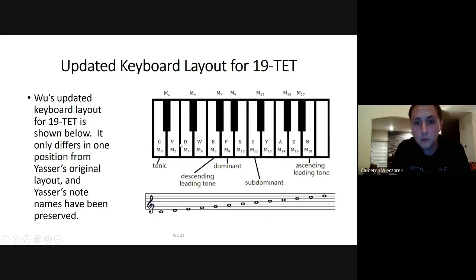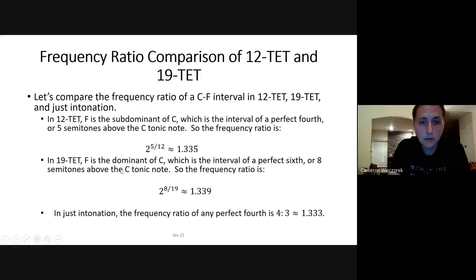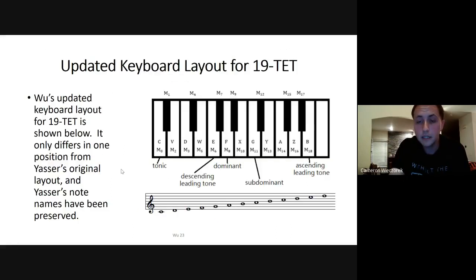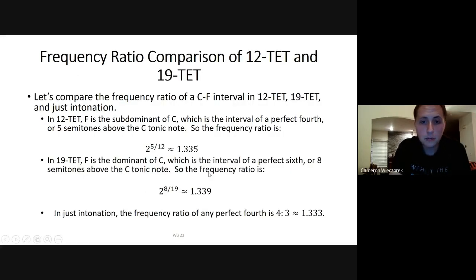There's 6 white keys between C and F. So 1, 2, 3, 4, 5, 6. 8 semitones above the tonic note in the 19-tone system. Look at the 19-key keyboard. That means the frequency ratio would be 2 to the 8 over 19. So this numerator here is telling us the number of semitones. So 8 over 19 gives us 1.339. So they're close. They're starting to differ by about the thousandths place.